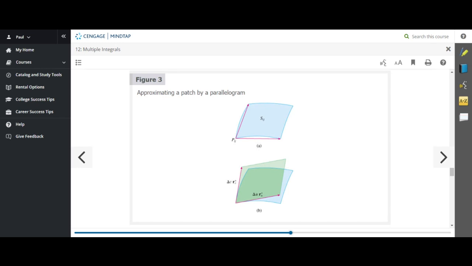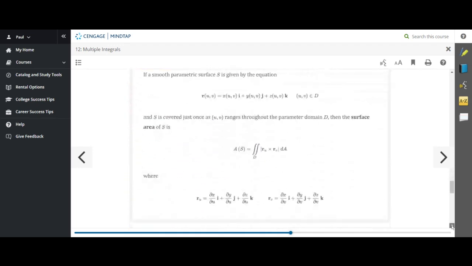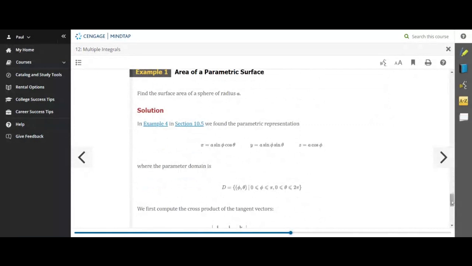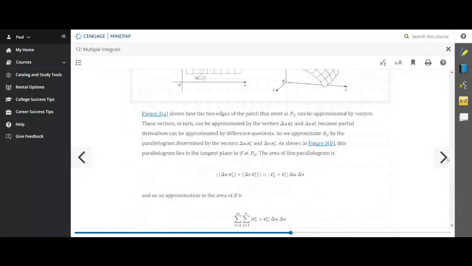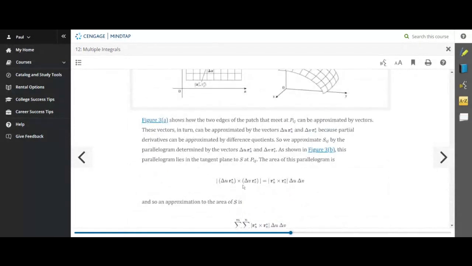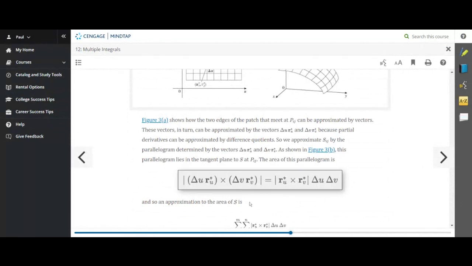Now, how do we find the area of that little green parallelogram? Well, remember that back when you learned about finding the area of a parallelogram, the absolute value of the cross product of the two vectors that form the parallelogram would equal the area of the parallelogram.